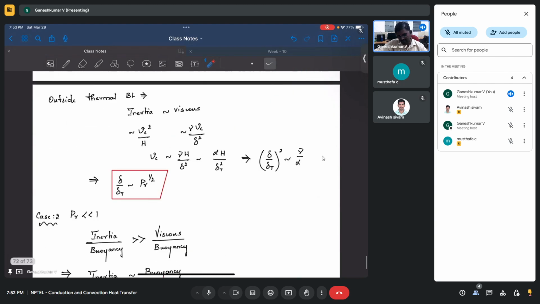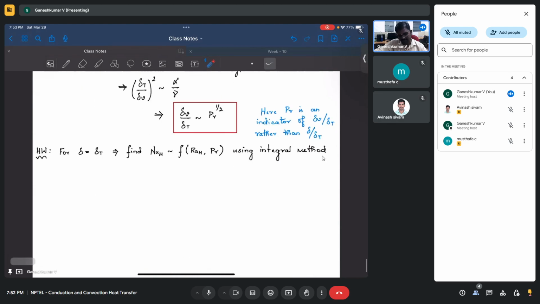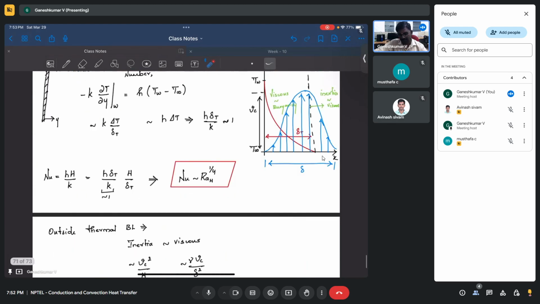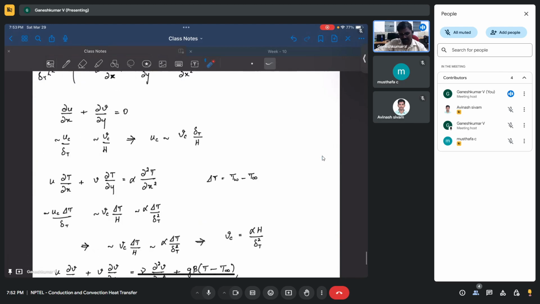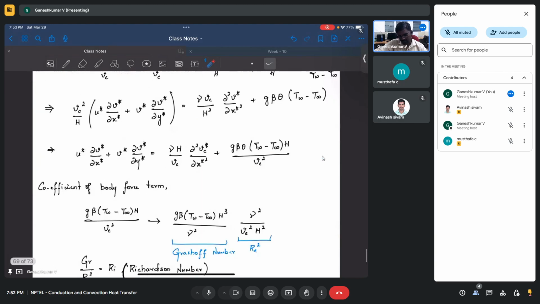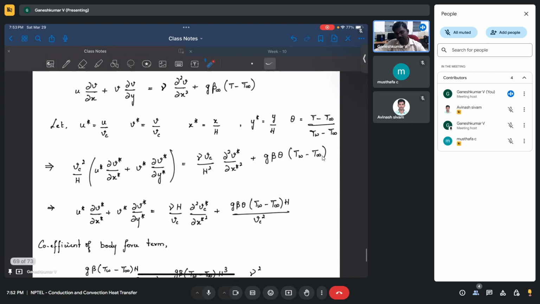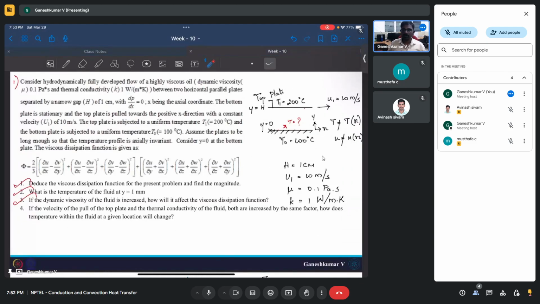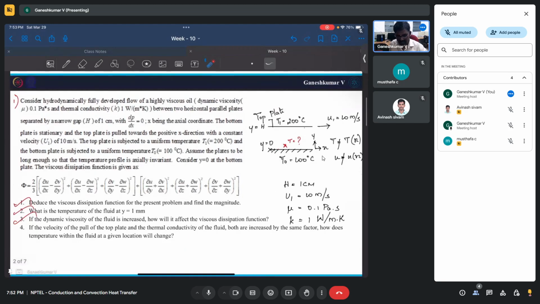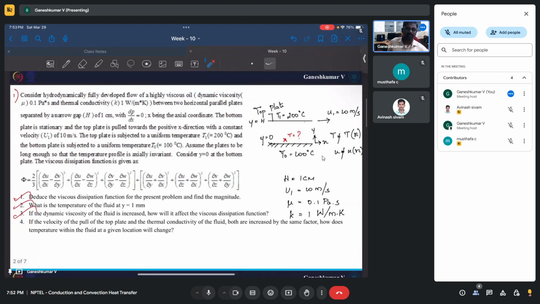Once that is taught, we can discuss that together, and we will solve some problems on natural convection next week.